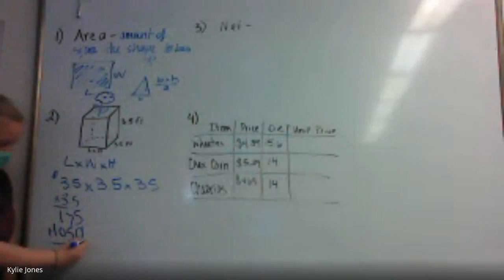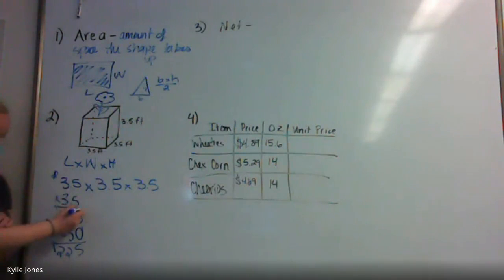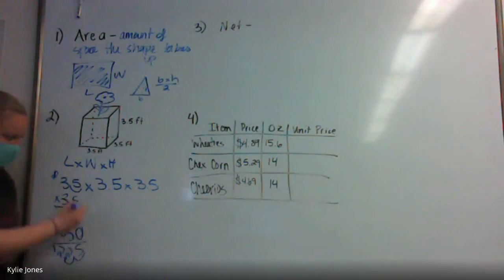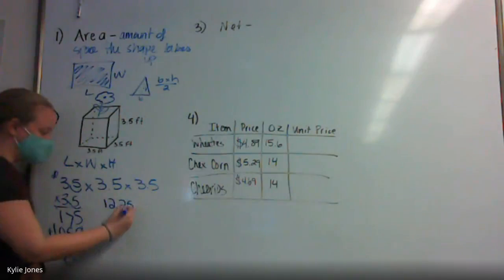We add, and we get 1,225? No. 1,025. Yeah, we gotta make sure we move our decimals. We have 1, 2, so we gotta move it twice. So 3.5 times 3.5 is 12.25.